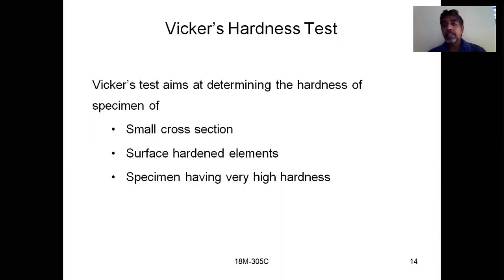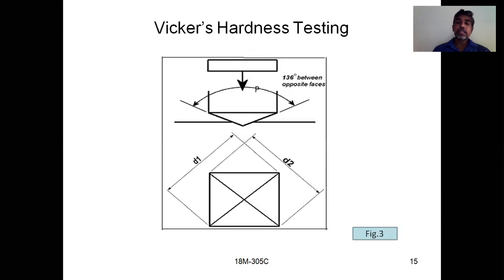In the Brinell hardness test, we can calculate the hardness of only soft materials, whereas in the Vickers hardness test we can calculate the hardness of very hard materials and hardened elements also. And if you have a small cross section, we can use Vickers hardness because we are using a diamond indenter. If you see here, this is the diamond indenter we are going to use in the Vickers hardness test.